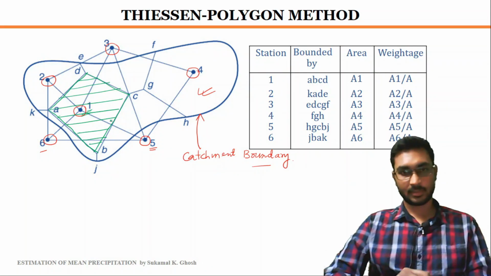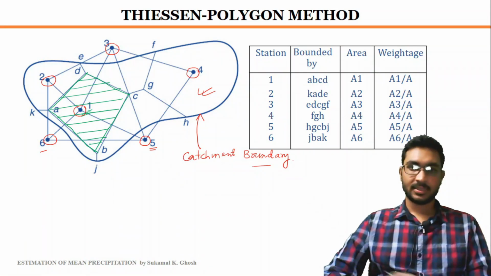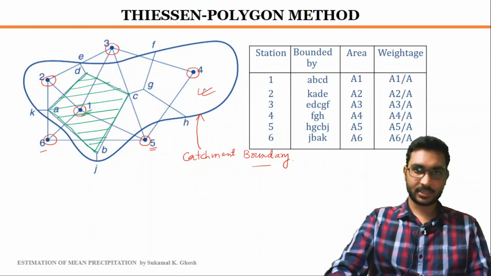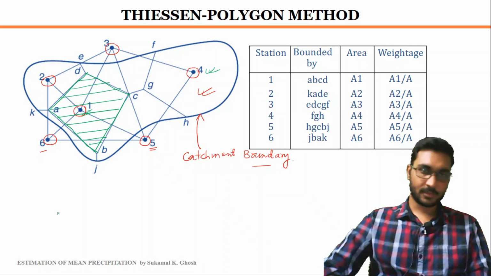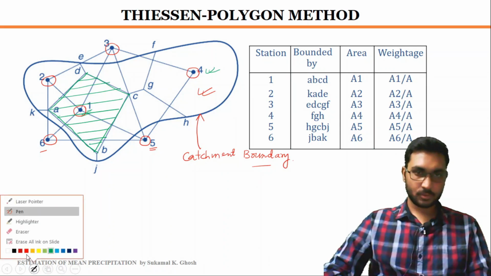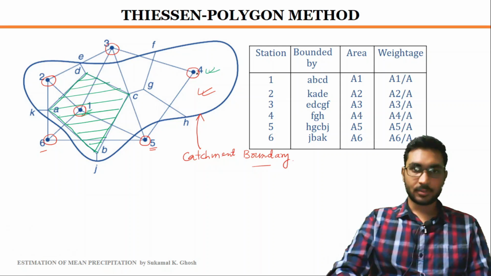Now again, if you consider the number 4 rain gauge station, then you may observe that it is bounded by, let me use another color, suppose black color. Now this particular rain gauge station is bounded by this polygon, right?